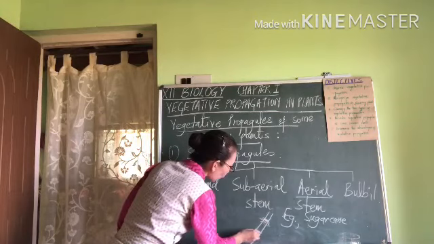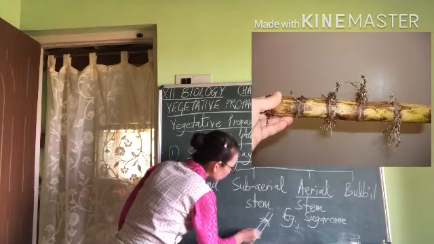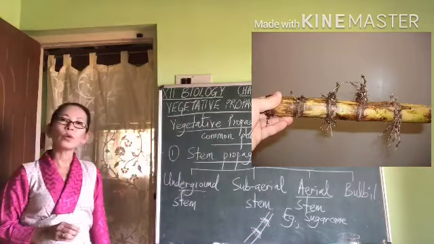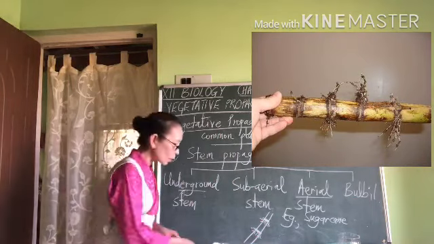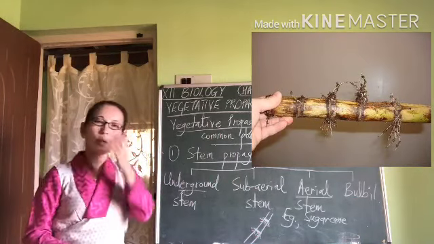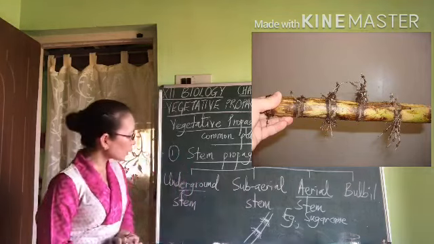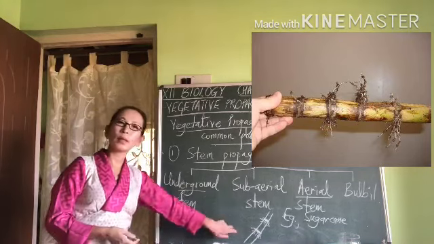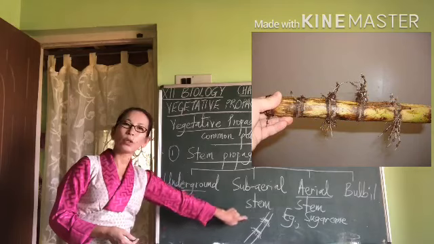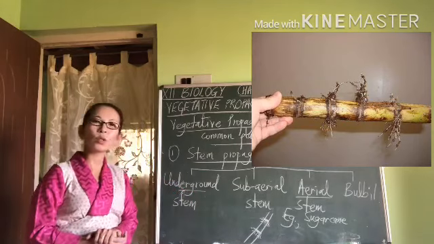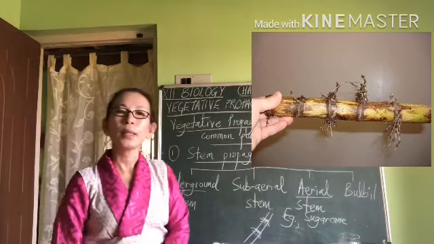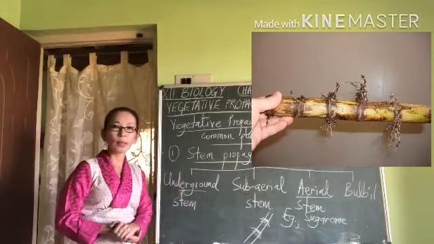And if you have noticed, in the sugarcane plant, the stem at its node has these roots coming off. Now some of you might have recalled our previous class, one of the lessons regarding such adventitious roots. These are the adventitious roots called the stilt roots, right?